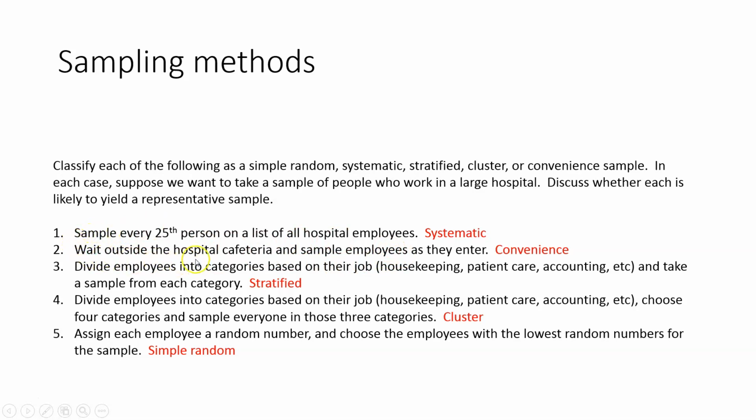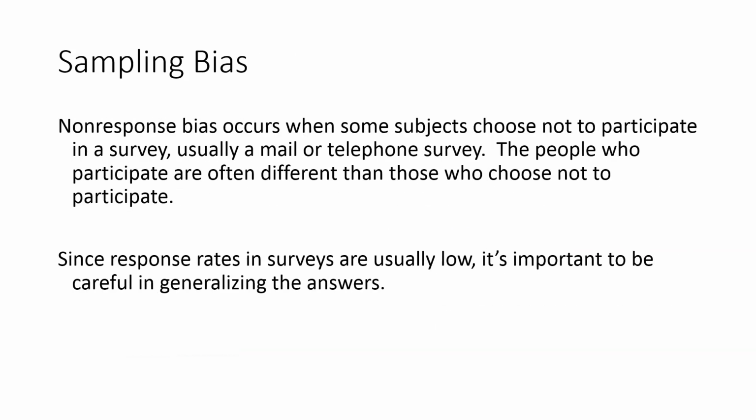The only way we can, in a valid way, generalize to the population, we really only got a sample of people who eat in the hospital cafeteria. We can't generalize that to all hospital employees. We can only generalize to people who eat in the hospital cafeteria. So we have a limited inference that we can make there.